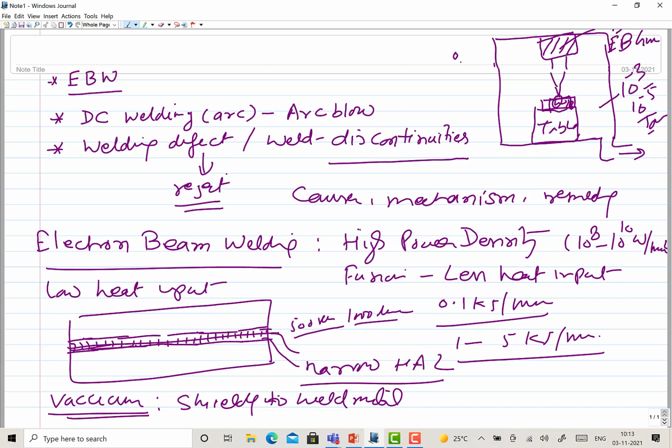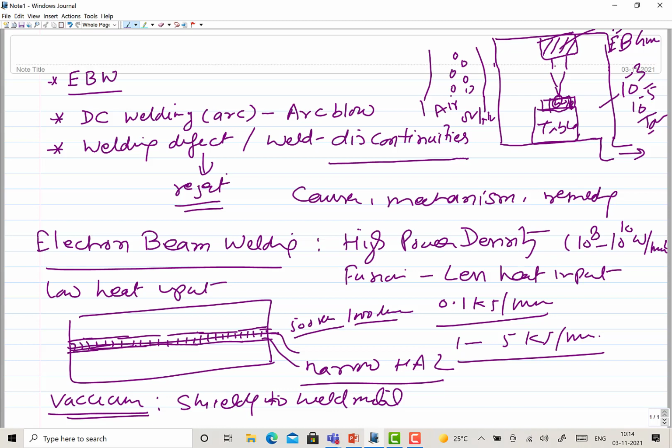Since the electrons are very light, if these moving electrons are directed to the workpiece in the ambient environment, where you have air, oxygen and nitrogen, the very small, high velocity electrons impacting other gaseous molecules will lose their kinetic energy, and they may not be able to generate enough heat to melt the base metal for welding.